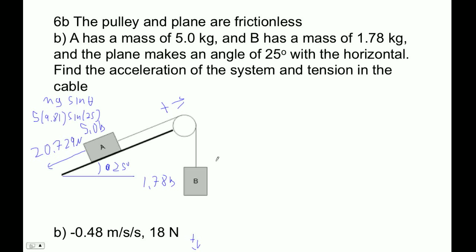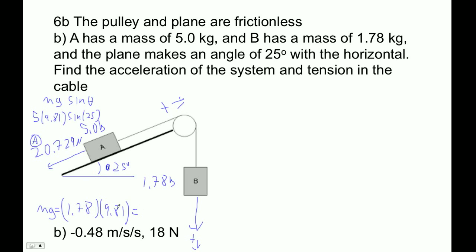newtons, right? Okay. The force down on this guy we can figure out is mg, right? So it's 1.78 times 9.81. Of course, this will be less than this, and we'll be wrong about our direction of acceleration, but let's just let it happen. Okay. So let's see. Store that guy in A. I've stored this in A in my calculator.